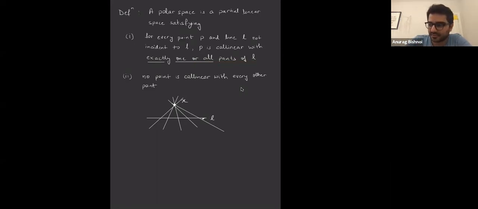And then you have a non-degeneracy axiom, which says that no point is collinear with every other point. So you don't have the trivial situation where you have a point X, and for any other point in the partial linear space you have a line passing through it. So you don't have this trivial situation.